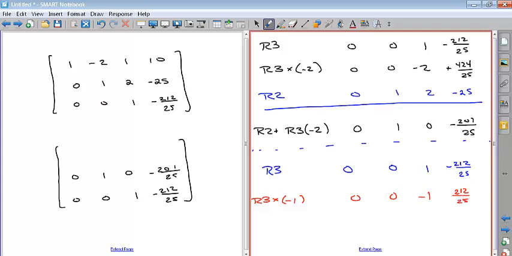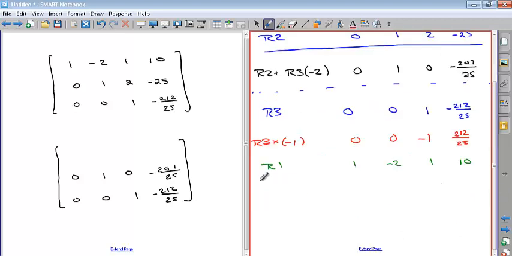And then I'm going to add that to row 1. So I'm going to write down row 1. Row 1 is here. It's 1, -2, 1, 10. So I'm going to draw a horizontal line. And what I'm going to do is take row 1 and add row 3 times -1.